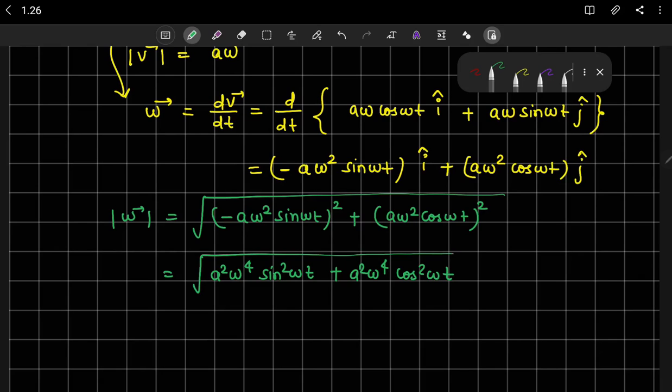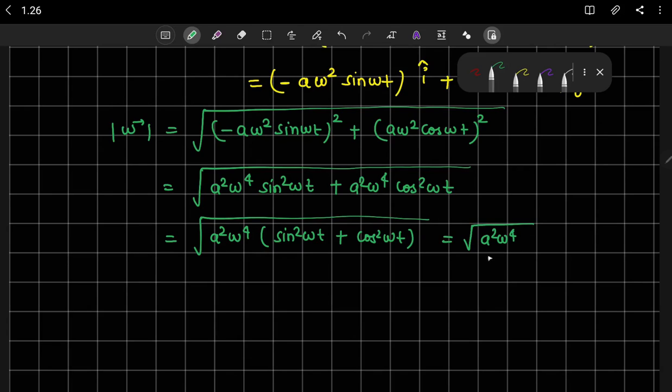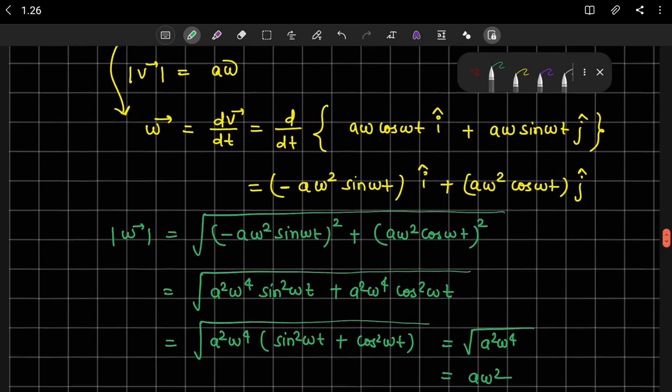So from here if we take the common factor, that is a square omega to the power 4, we will get sin square omega t plus cos square omega t under root, and sin square omega t plus cos square omega t is 1. So from here we will get the square root of a square omega to the power 4, that is equal to a omega square. So this is the value of the magnitude of the acceleration we got.